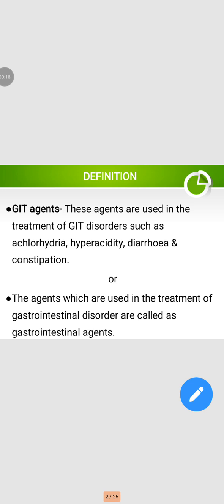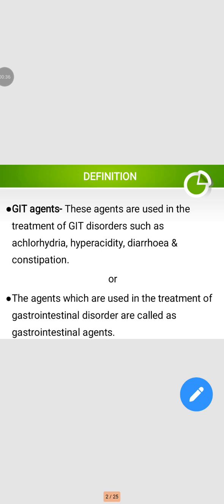The definition of gastrointestinal agents: these agents are used in the treatment of gastrointestinal tract disorders, that is, achlorhydria, hyperacidity, diarrhea, and constipation.